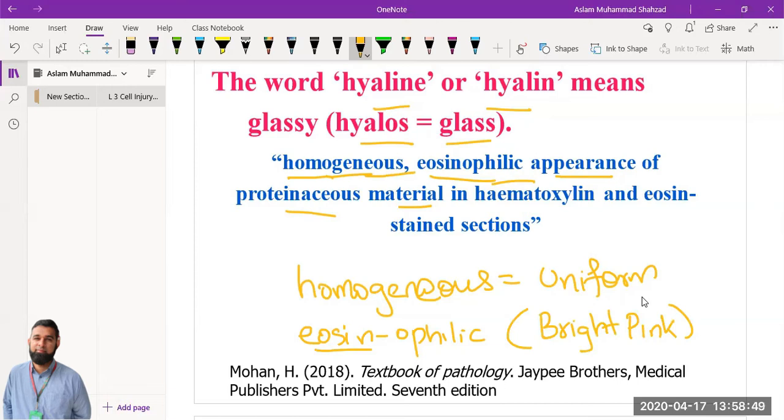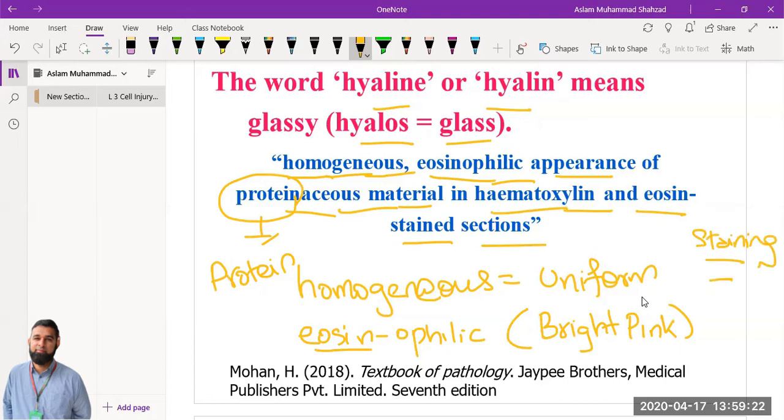Like I mentioned here, eosinophilic appearance of the proteinaceous material. What is meant by proteinaceous? It means it is a protein-like material, a proteinous material. And in hematoxylin and eosin stained section, it means we use hematoxylin and eosin as a staining technique to identify the hyaline changes.